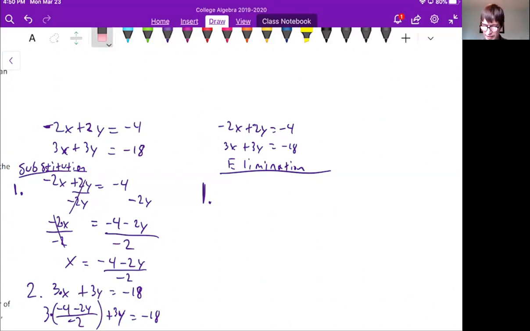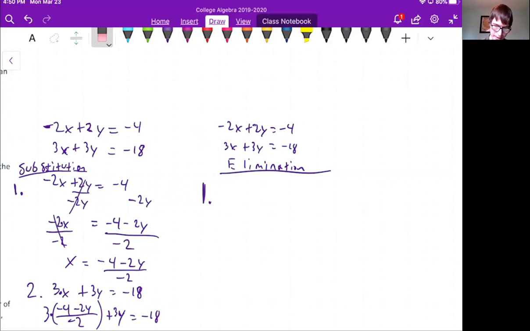What is the least common multiple of negative 2x and 3x? If I multiplied negative 2x by negative 3, and I multiplied 3 by 2, I would get 6 in both cases. So that's what I'll do.